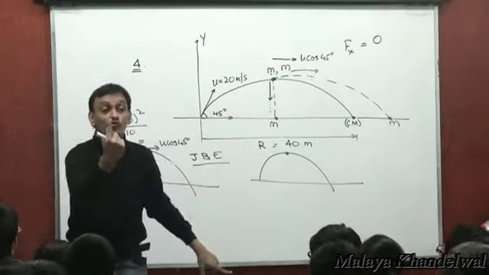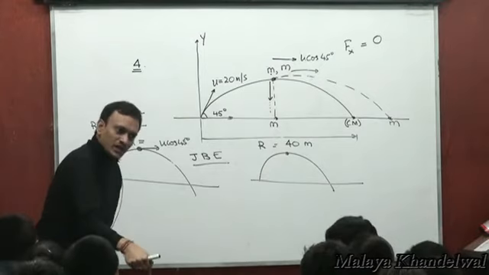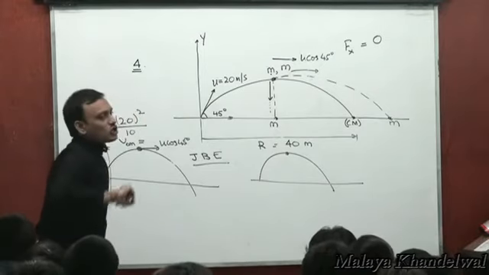Just before explosion, the horizontal velocity of the center of mass was u cos 45 degrees. After explosion, it continued to be u cos 45 degrees. Why? Because there was no acceleration of the center of mass in the horizontal direction. There was acceleration in the vertical direction equal to g, but in the horizontal direction there was none.